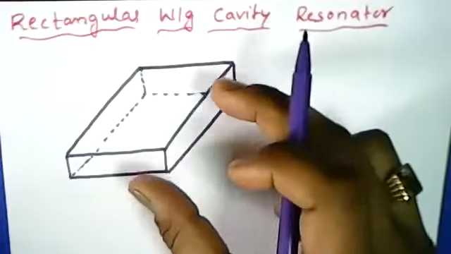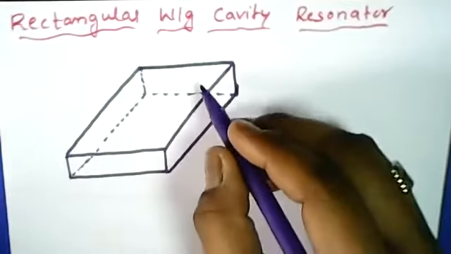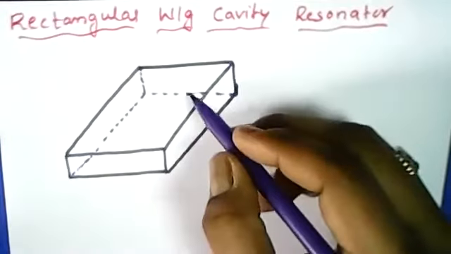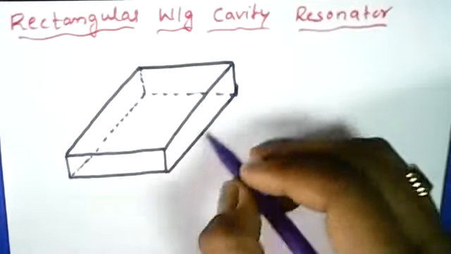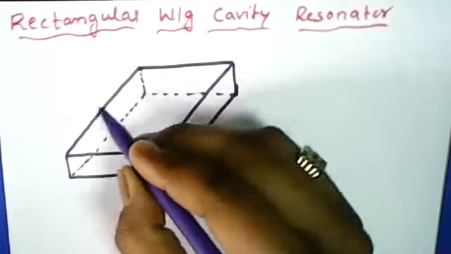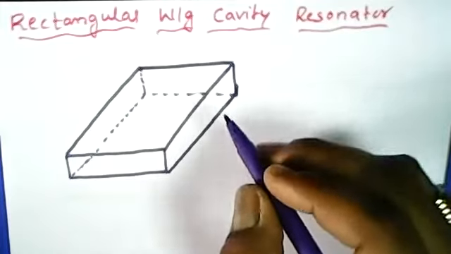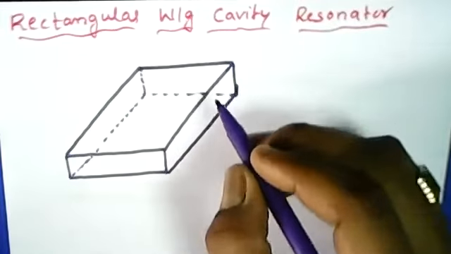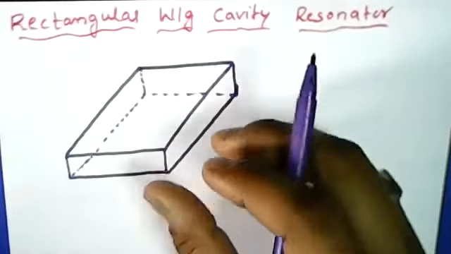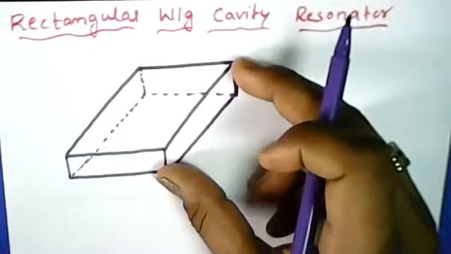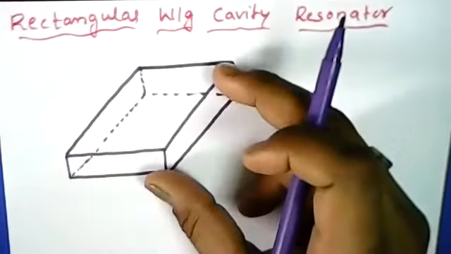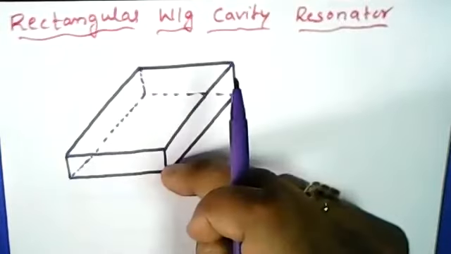So the signal is captured, or restricted to stay within this structure. Then we can say that some energy is being stored within this structure. We can call this a hollow metallic structure which is shorted at both ends.